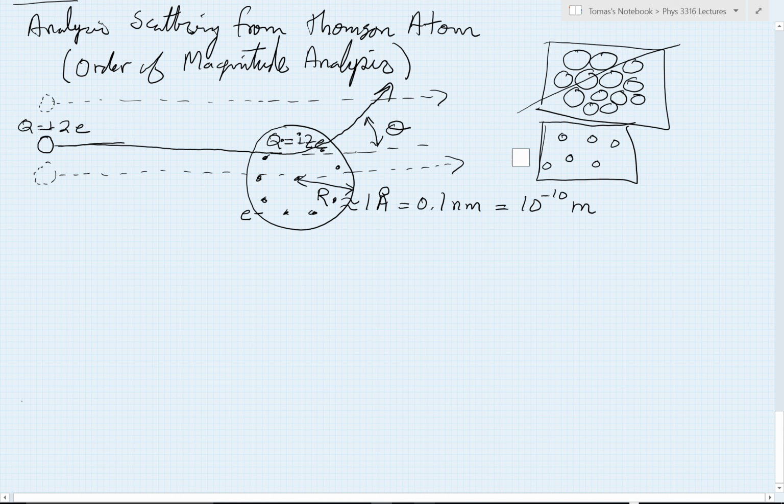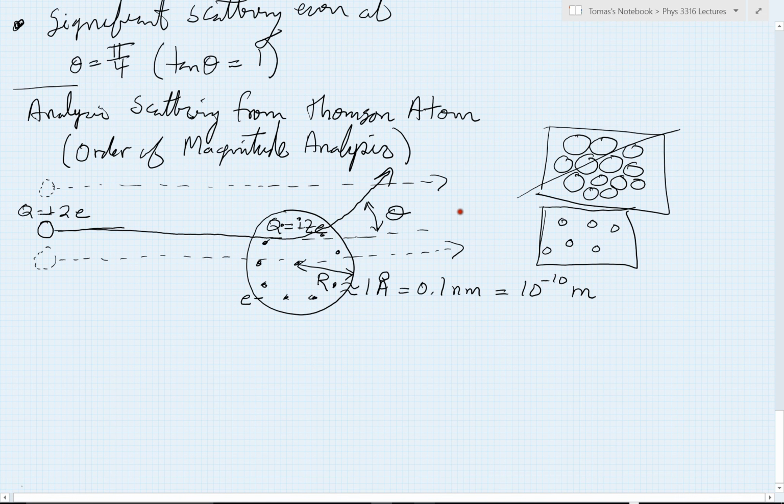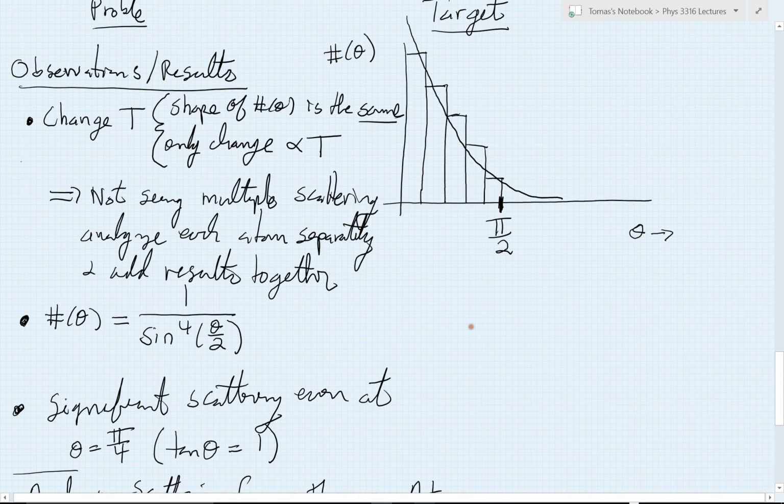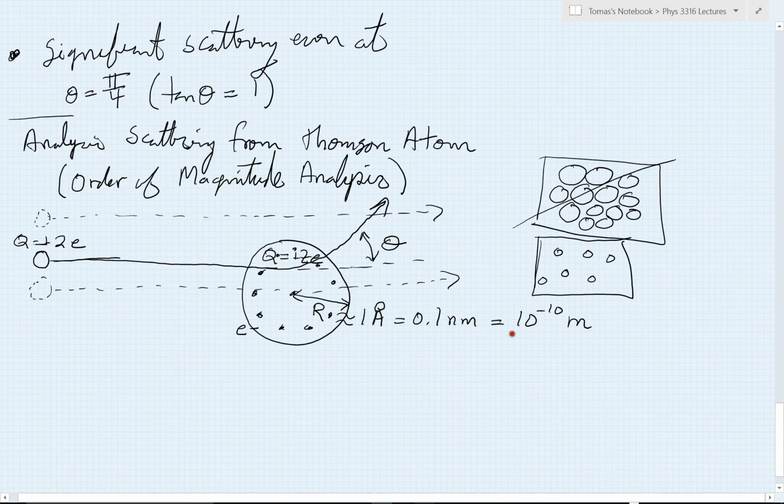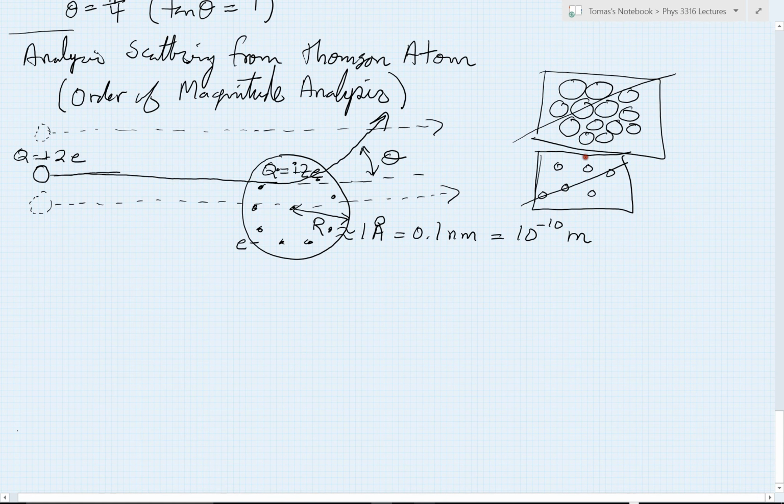When you do that, what you end up with is a constant scattering at all angles, which is a direct contradiction of this very strongly decaying function that I'm showing you here. Even though it strongly decays, it still picks up quite a large amount at significant angles. So we can rule out this possibility as well. The idea of these atoms as hard spheres in collisions, we can dispense with.